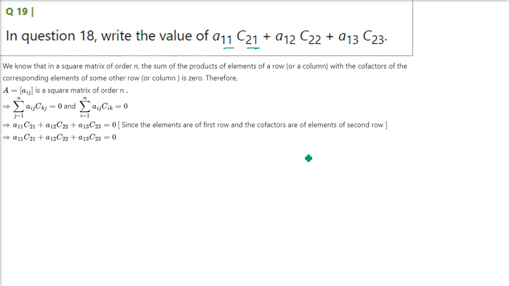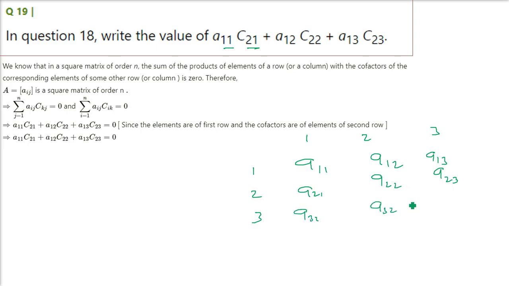So we already know that if we are talking about a square matrix of order n, the sum of the products of elements of a row or a column with the cofactors of the corresponding elements of some other row or column is 0. That is, we are taking the value, but we are not taking the cofactor of that value. We are taking the cofactor of some other row or a column. Then the value will be 0.